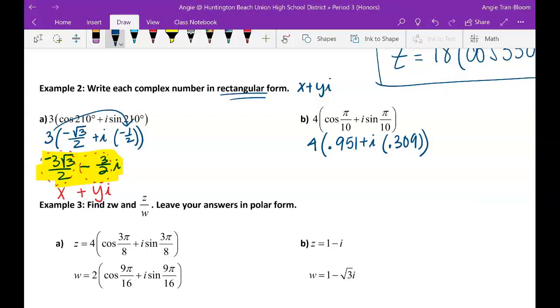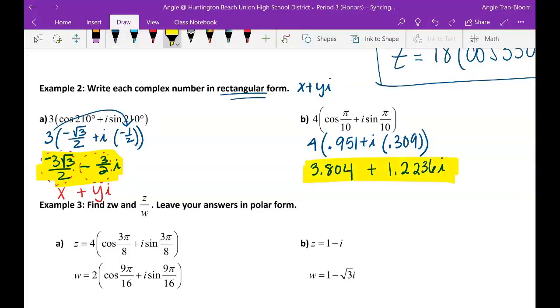Since I already have this one out, I'm going to multiply it first: 1.236i, rounding to 3 decimal places to stay consistent. Then I multiply 4 by the cosine of pi divided by 10, which gives me 3.804. So that's your x plus yi, and that's the final answer.